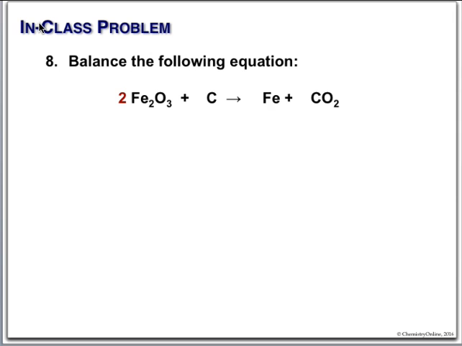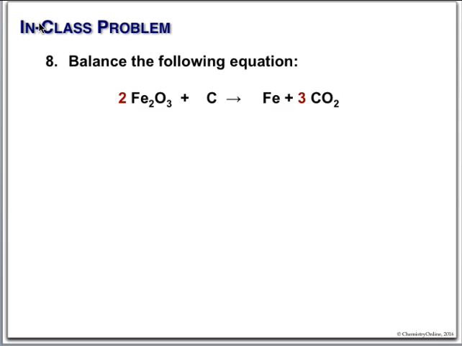Now when we do this, we have put in 6 oxygens total here, haven't we? So since there are 2 in every CO2, we need 3 CO2s. So now our oxygens are balanced. We have 4 irons here, but only 1 on this side.